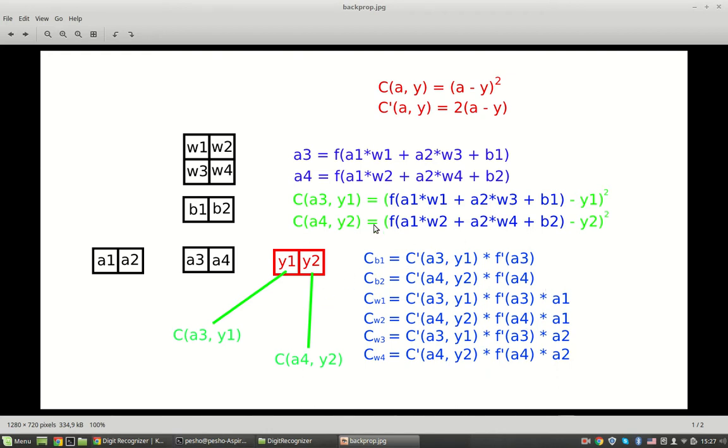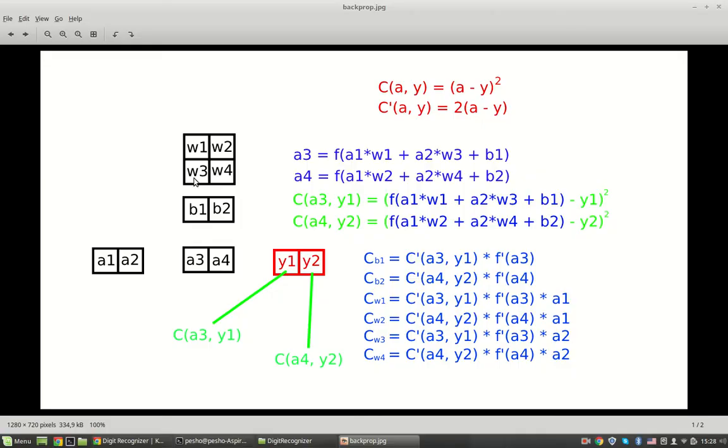The only thing they have additional is that W1 and W2 have this A1 factor here in front of them, and W3 and W4, here they are, have this A2 factor in front of them, or after them, doesn't really matter.